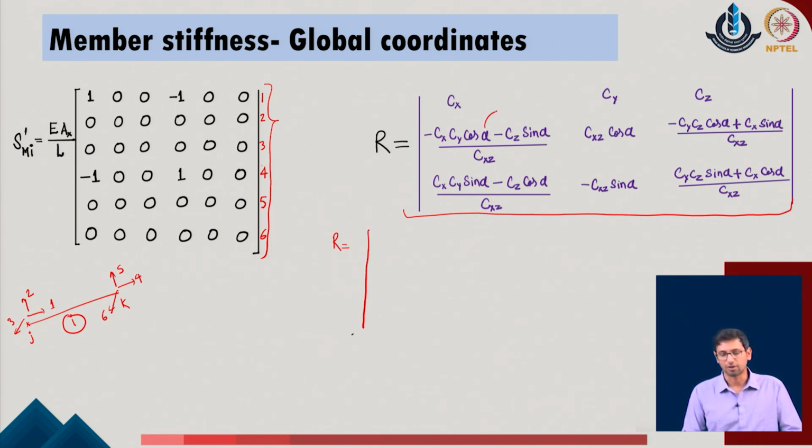As a simplistic case, we also understand that for plane trusses and space trusses, we do not get the alpha, which is the rotation about the member axis. We typically do not require it because the second moment of area or the principal directions of the cross sections are not necessary.